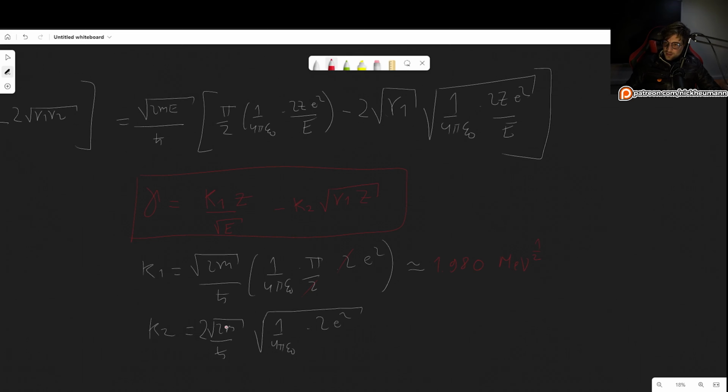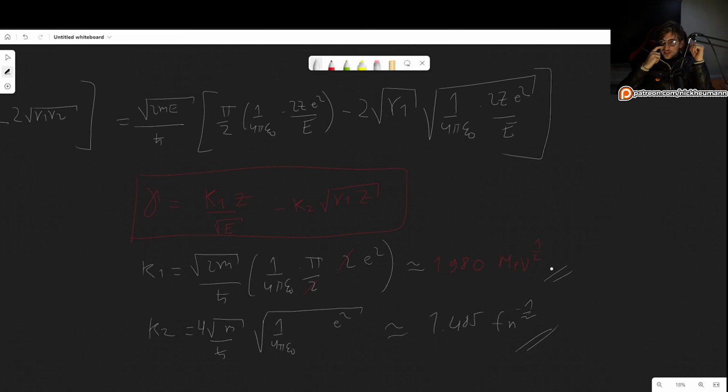So basically this 2 and this 2, you can use them to go out of the square root. It becomes 4. And this here is 2 times 2, which is also 4. There we go. Okay, and just double checking again. I didn't remove this 2. There we go. And this is approximately 1.85 femtometers to the minus 1/2.